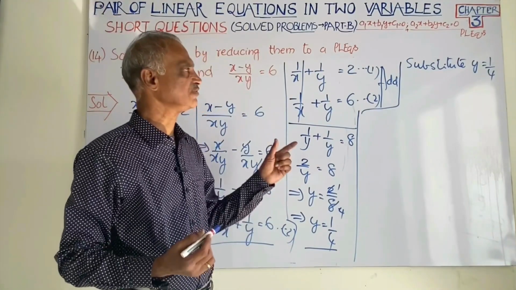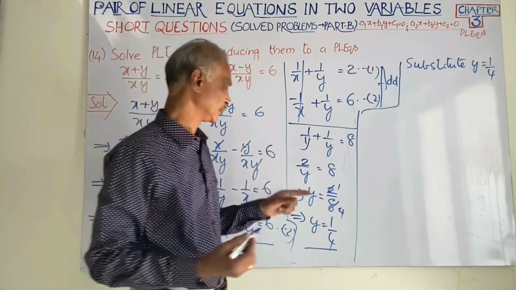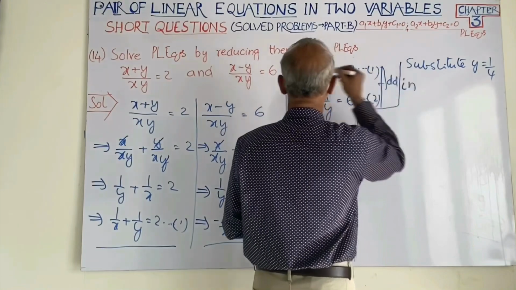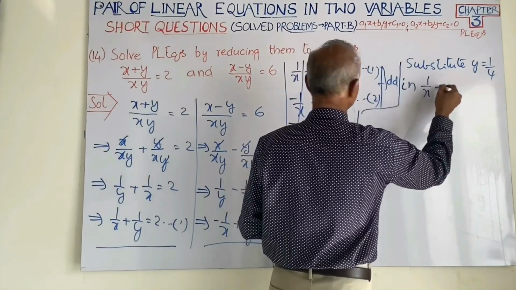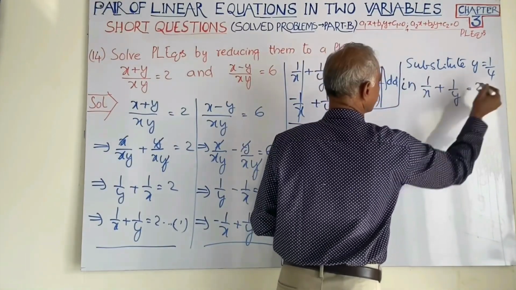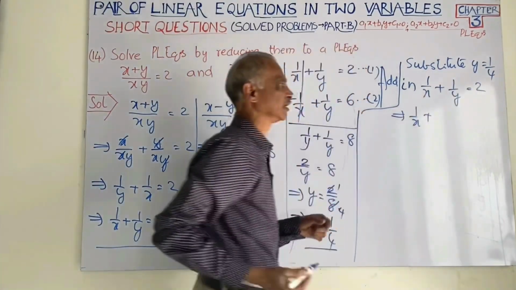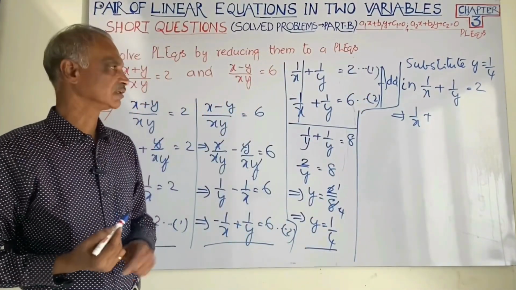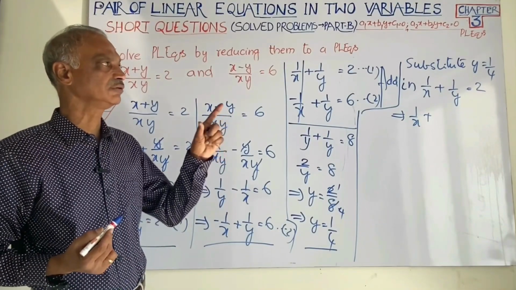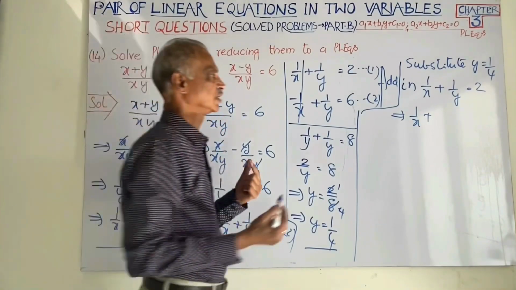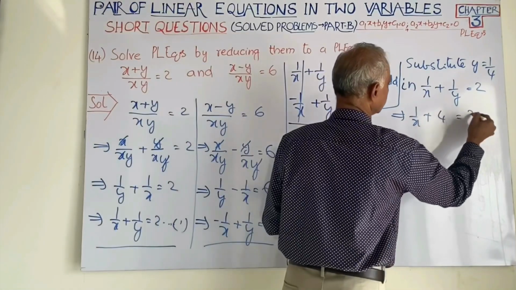Now substitute the value y is equal to 1 by 4 in 1 by x plus 1 by y is equal to 2. See, 1 by x plus, what is 1 by y? 1 by y is equal to 4. So 1 by x plus 4 is equal to 2.